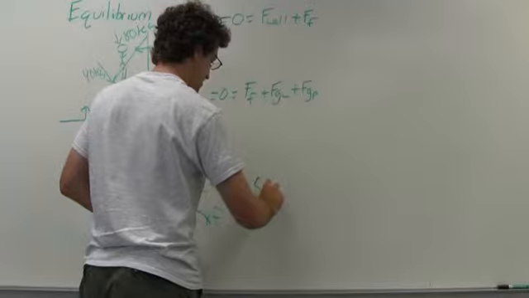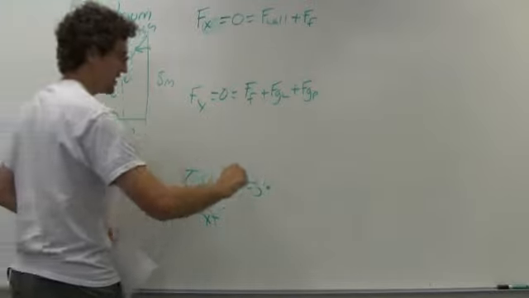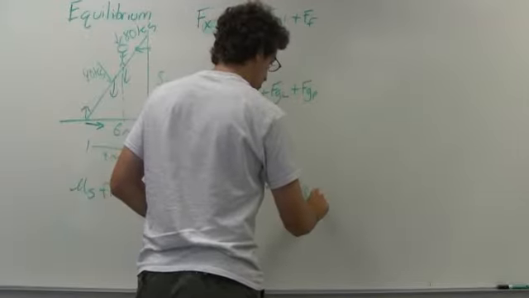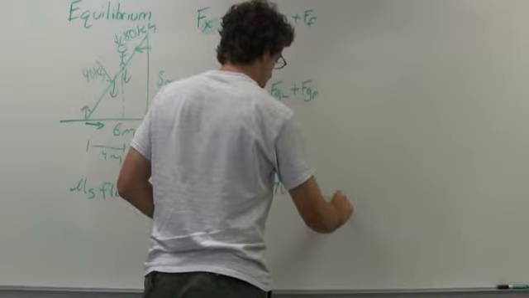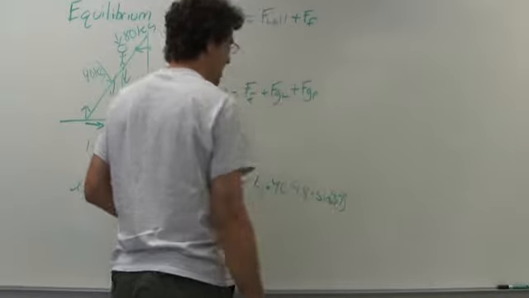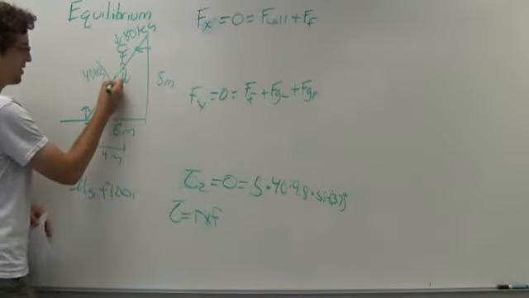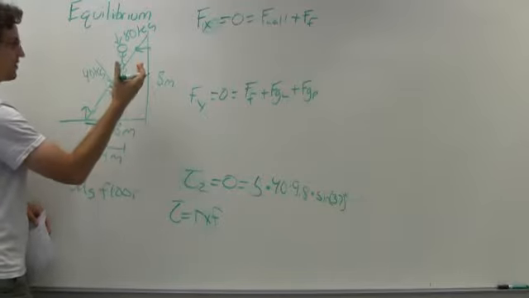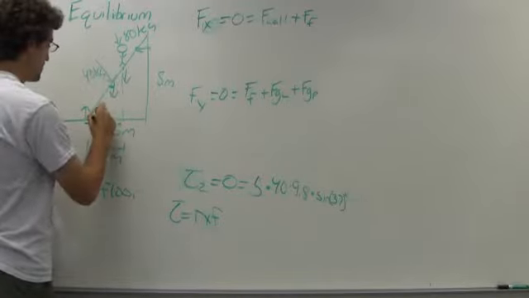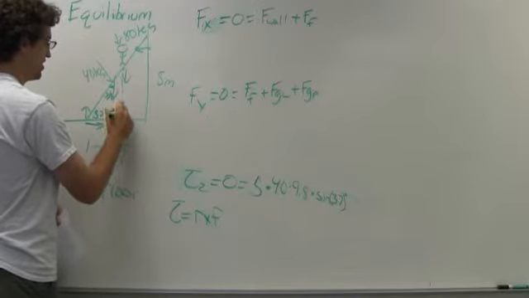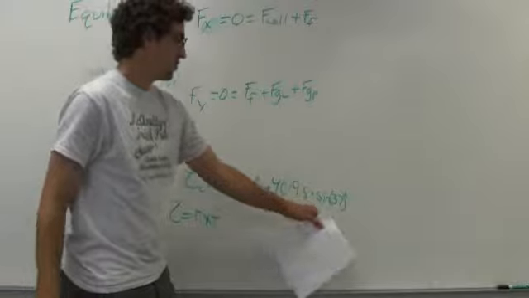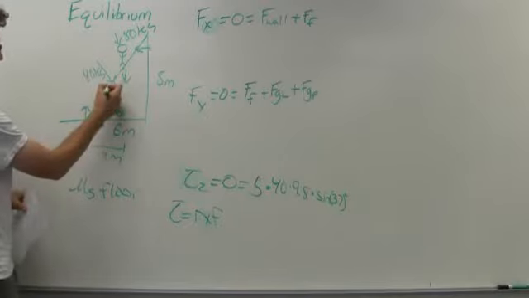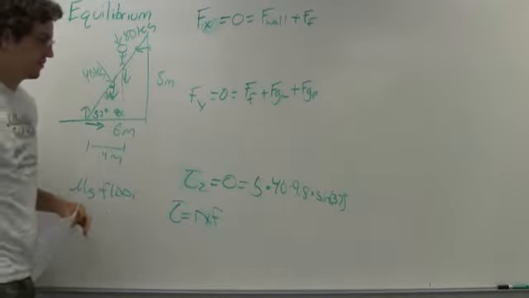So it's 5 times the force, which is going to be 40 times 9.8, times sine of 37 degrees. You might ask, where did I get 37? Well, this is the angle we're looking at, and in this kind of triangle, a 3, 4, 5, it's a 53 degrees, 37 degrees, 90 degrees triangle. So we can say it's 37 degrees. That's the angle between the radial vector and the force vector.